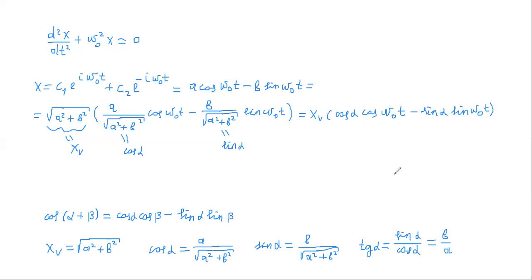And we can use this formula here. According to this, we have that this is equal to xv multiplied by cosine of omega 0 t plus alpha.